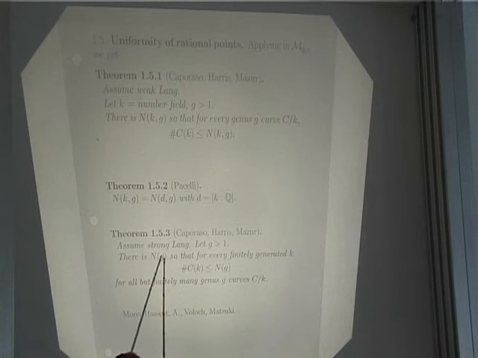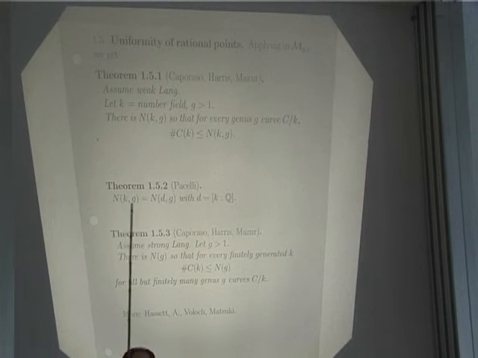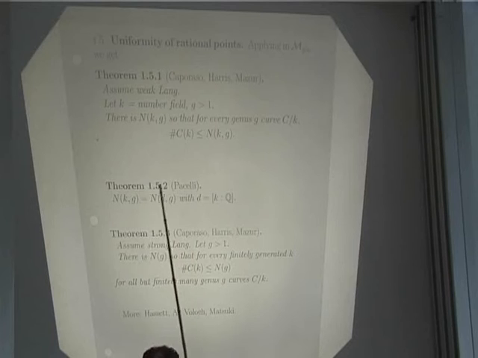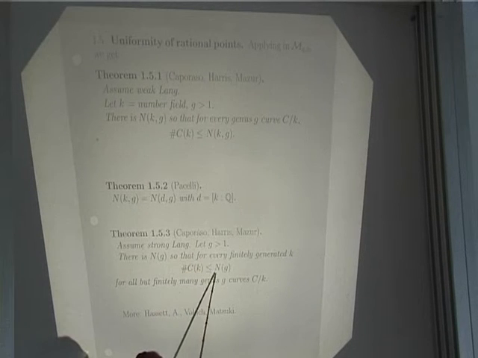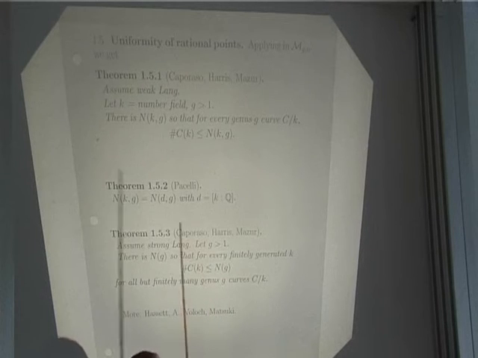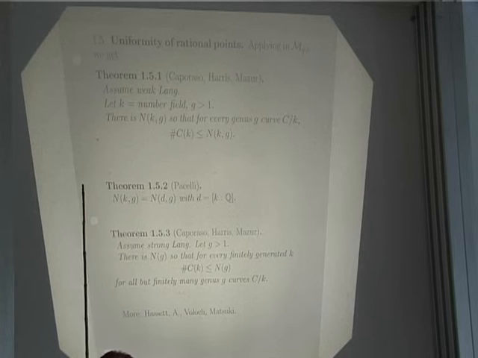There's a bound depending only on the genus, such that for any field K, the number of rational points is not more than N. This, without a caveat, is nonsense.